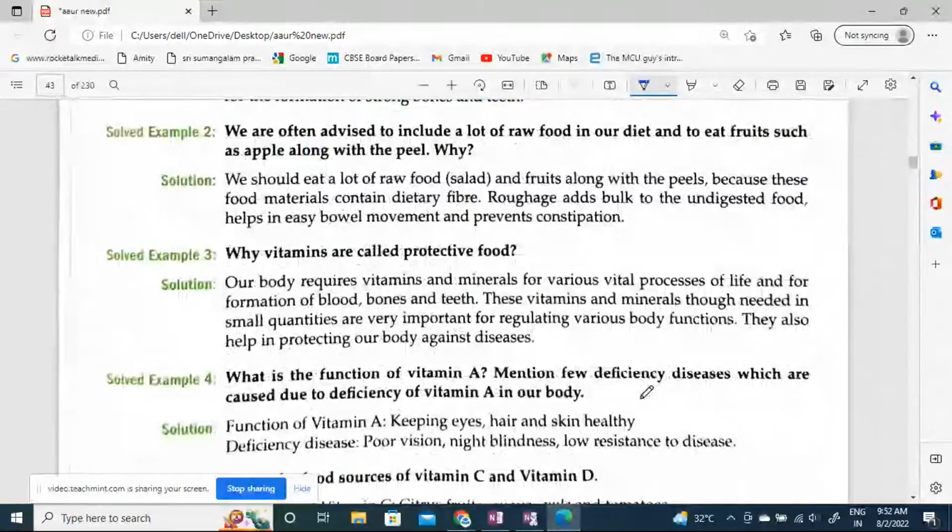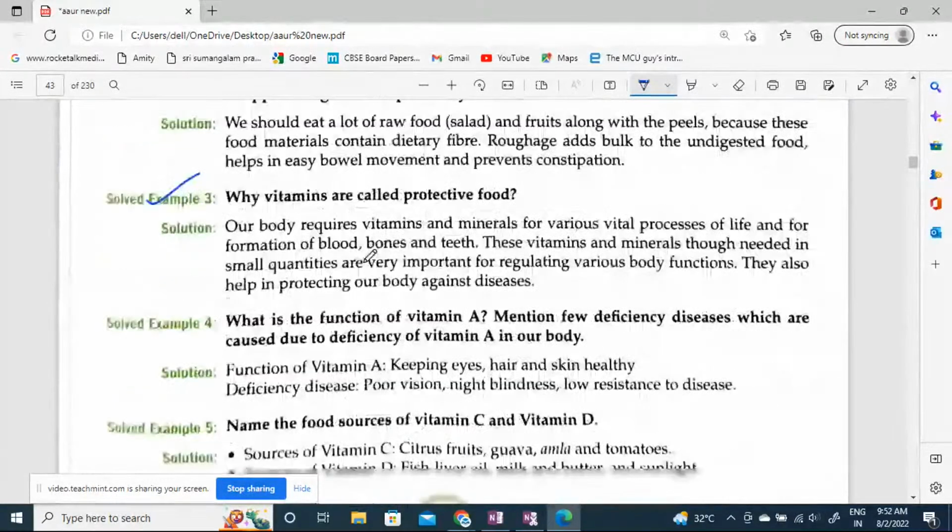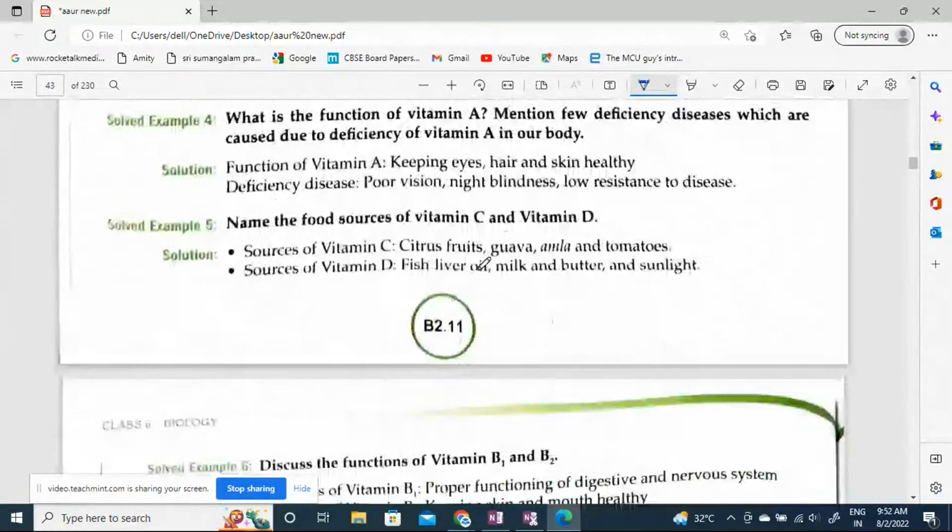Why are vitamins called protective food? Sources of vitamin C, citrus fruit. Fish liver oil, that is cod oil.